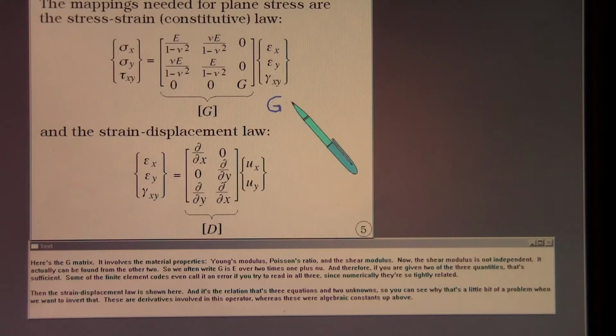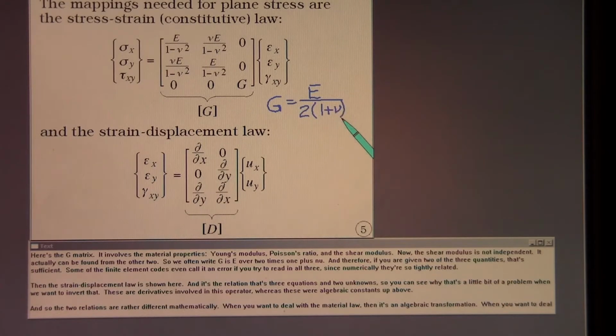So we often write G is E over 2 times (1 plus nu). And therefore, if you're given 2 of the 3 quantities, that's sufficient. Some of the finite element codes even call it an error if you try to read in all 3, since numerically they're so tightly related.